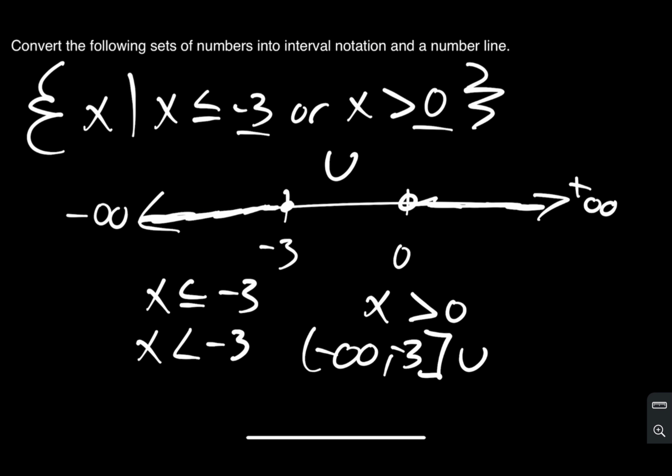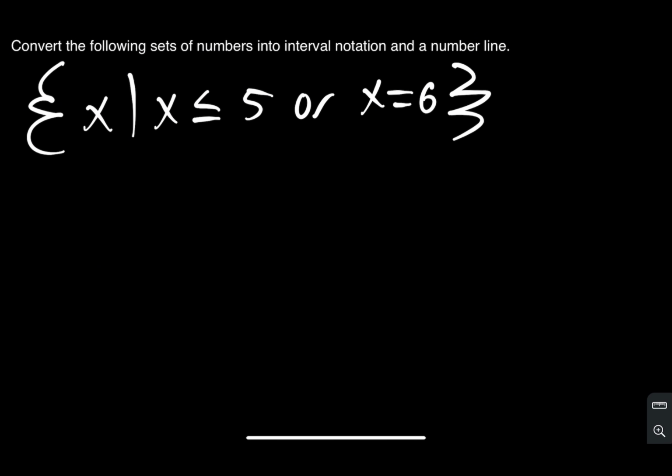So we have union, and then 0, comma, positive infinity, and then we have a hollow point at 0, so we have to use parentheses, and at positive infinity, we have to use a parentheses as well. So that's your answer.